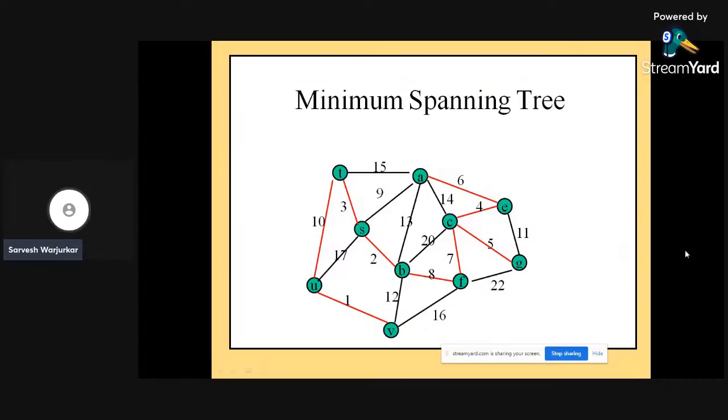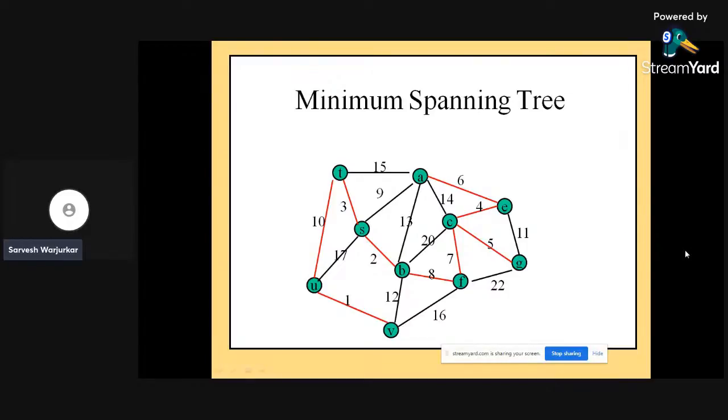Of course, if you choose the values, ultimately your weight will definitely be minimum. As we know, it is not looking at local level optimization, it is looking at global level optimization in this approach.